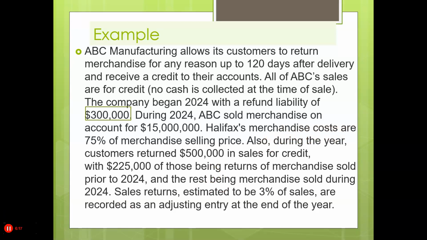So what information do we need? We need to know our beginning balance in refund liability. We need to know the amount of sales, the cost of the goods, how much was returned, how much related to prior year, and what we estimate sales returns to be as a percentage.